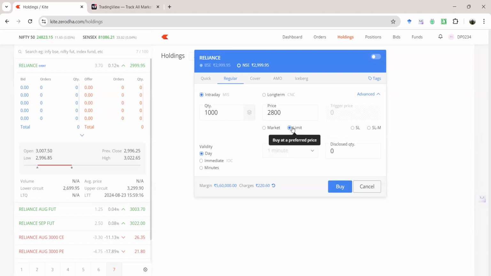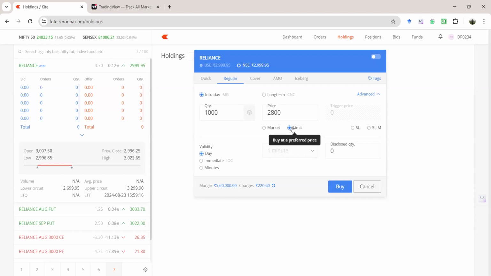Sir, what's the difference between intraday and long-term order? If we use an intraday order, then it will get squared off by the end of the day at 3:10, 3:15, 3:20 as per the broker. If you are not squaring off the order, the broker will square off that order.